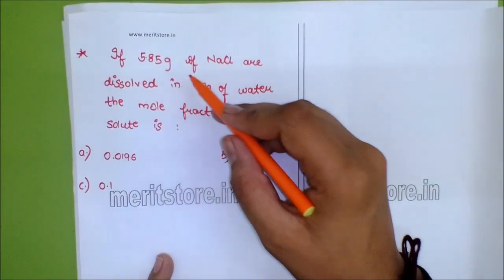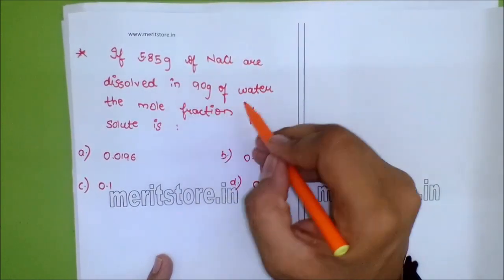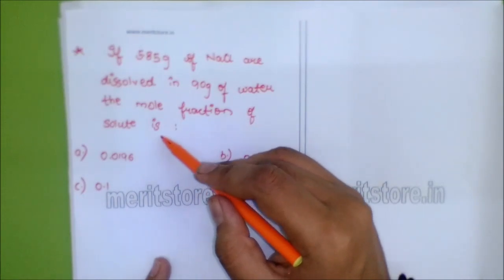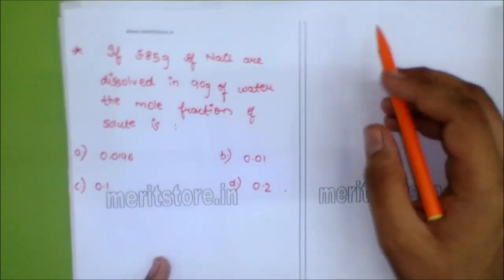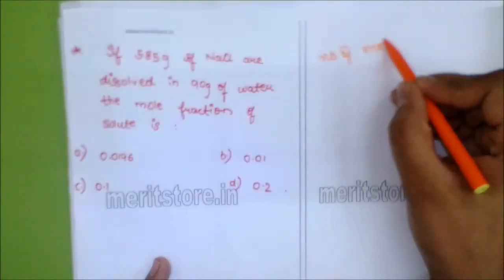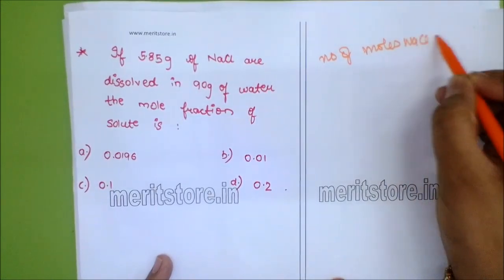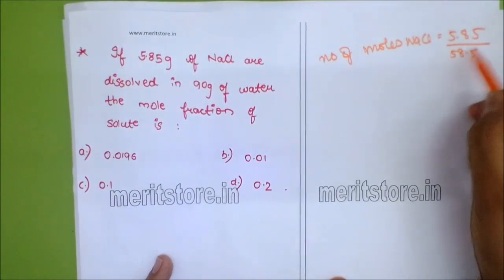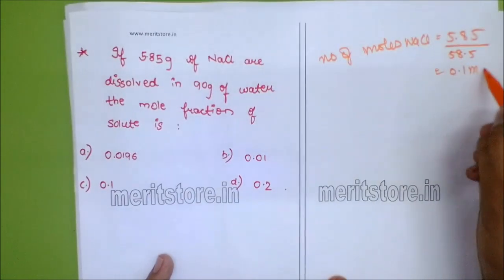If 5.85 gram of NaCl are dissolved in 90 gram of water, the mole fraction of solute is. Now to calculate mole fraction of solute, we know number of moles of NaCl is equal to 5.85 upon 58.5, which gives us 0.1 mole.